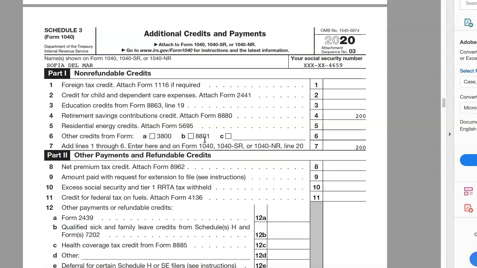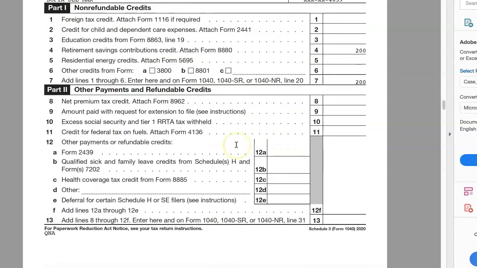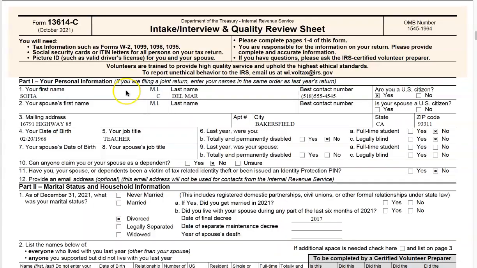There isn't anything specific that's going to tell you about this as you go through the return. So this is a good place to make a note on the bottom of page 3 of the intake booklet that there might be a retirement savings contributions credit again this year, and you need to go and look at Form 8880. And that's pretty much it for the review of last year's return.